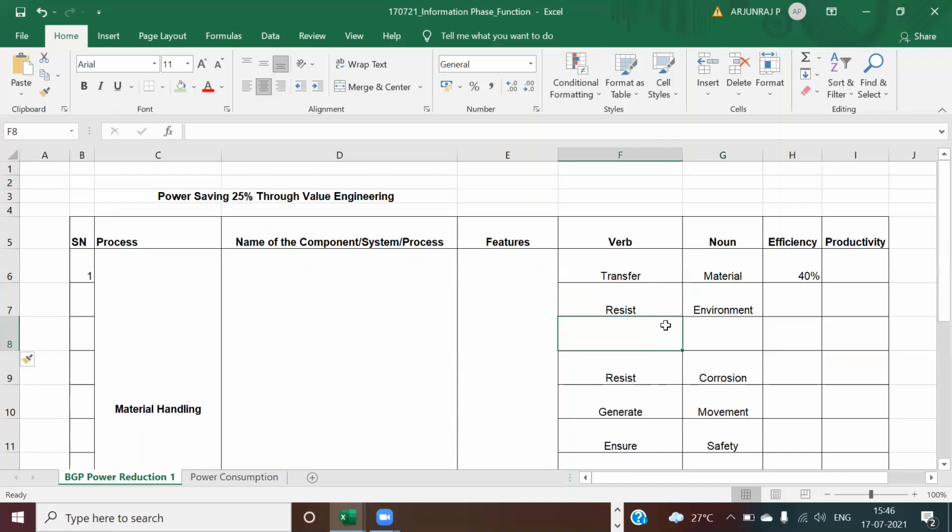What about the environment? It is connectivity between the two distances. Our belt conveyor is approximately 180 meters, so connectivity between the two distances. Connectivity, okay, which means there is a movement. Through a belt conveyor, you can make a walkway connectivity.